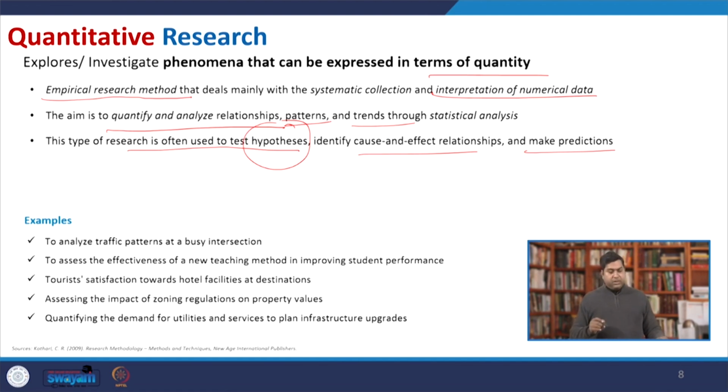In this particular case, we can make our hypothesis, the assumption, that if the population of a city can be controlled, the congestion can be reduced.